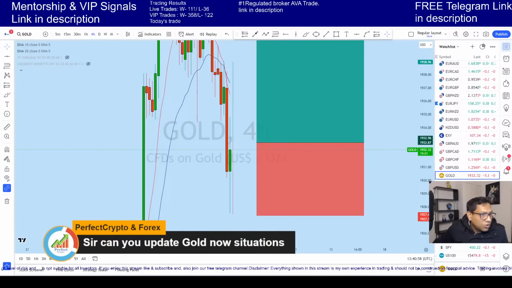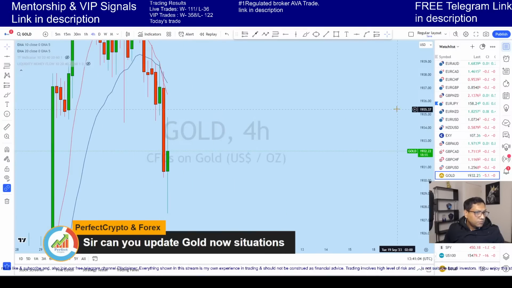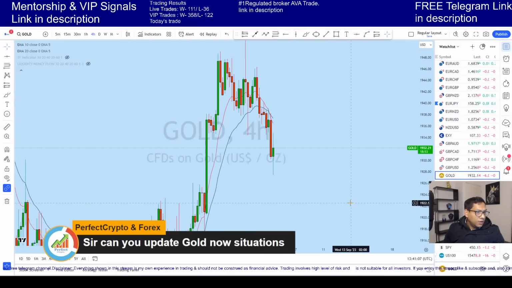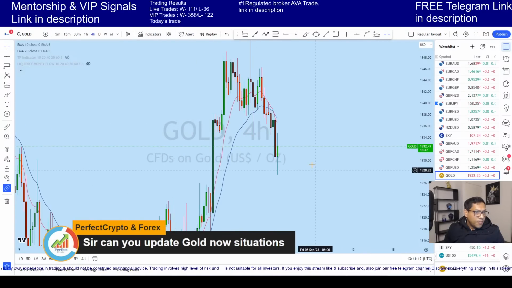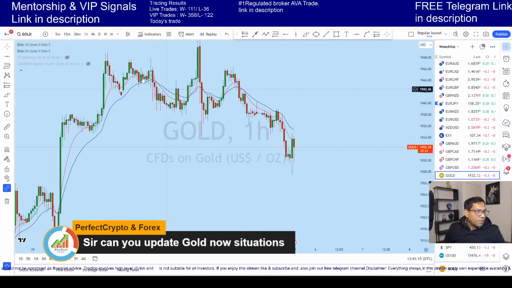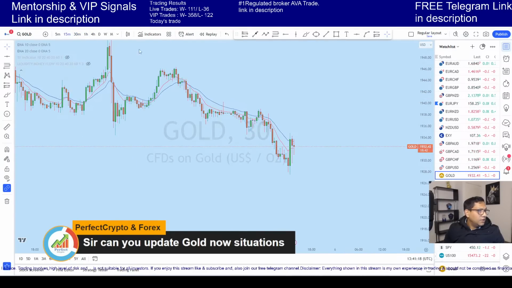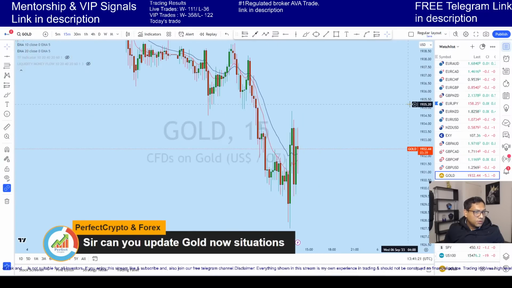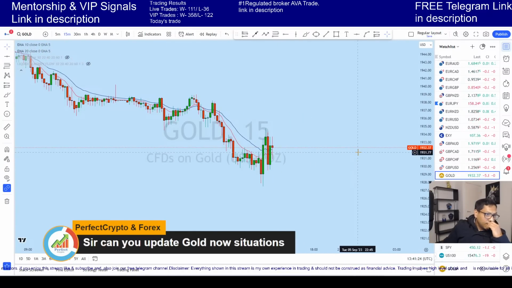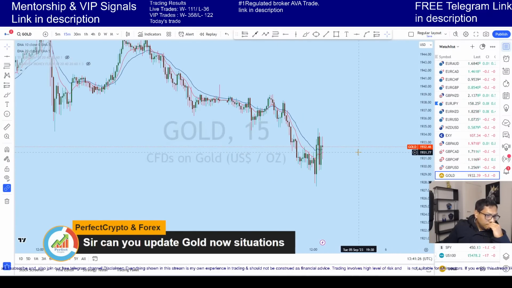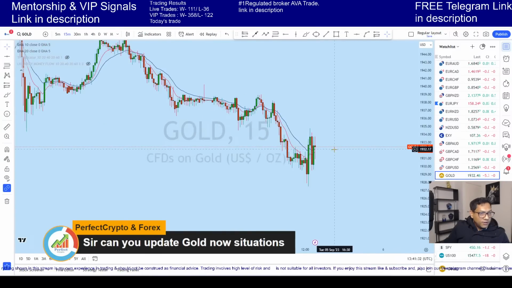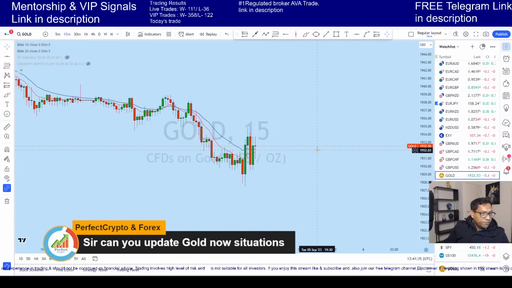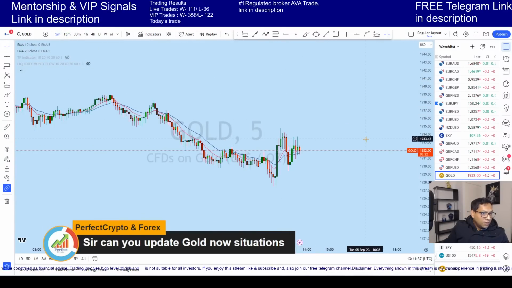Okay, so gold, we see that here. If I delete all of them, from this level, this is the 4-hour candle closing, and in this 4-hour candle close, it might be moving sideways or slowly.